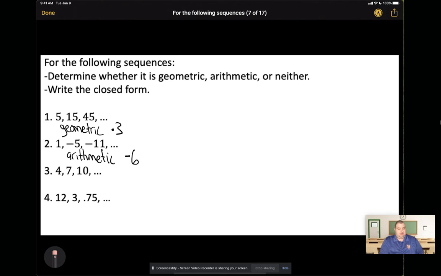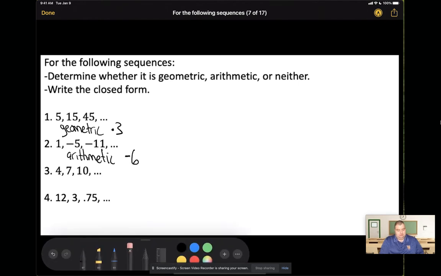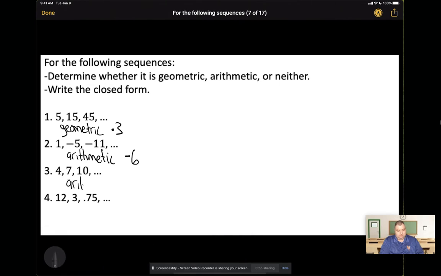Number 3 is also going to be an arithmetic sequence, because in this one we're adding 3 each time. 4 plus 3 is 7. 7 plus 3 is 10.